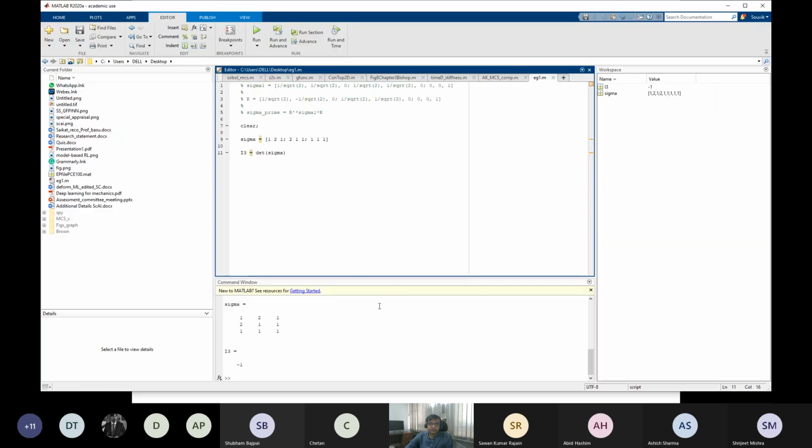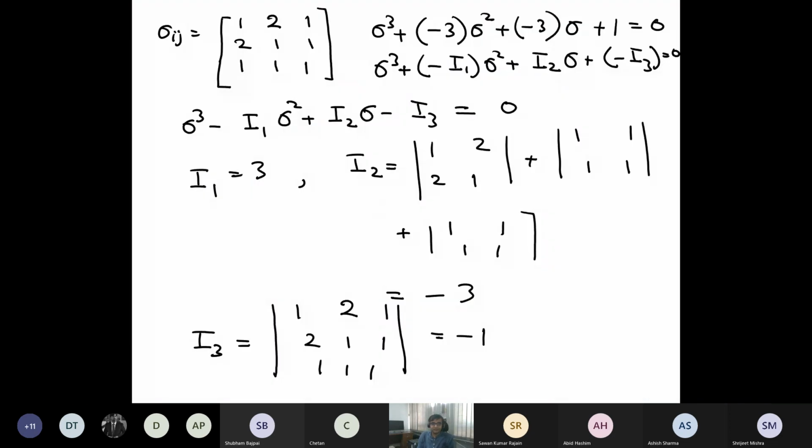So this was I3, right? I1 is equal to trace of sigma, and I2 is equal to the determinant, so I can write it directly from here.